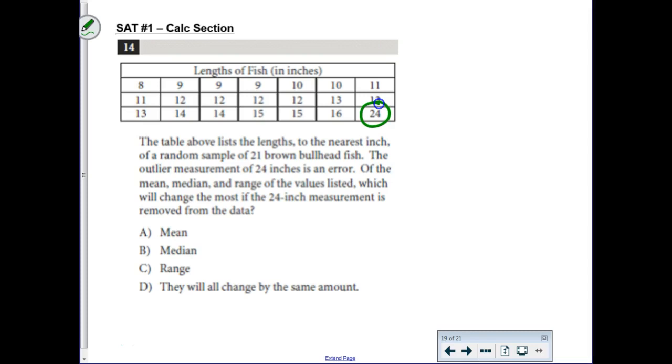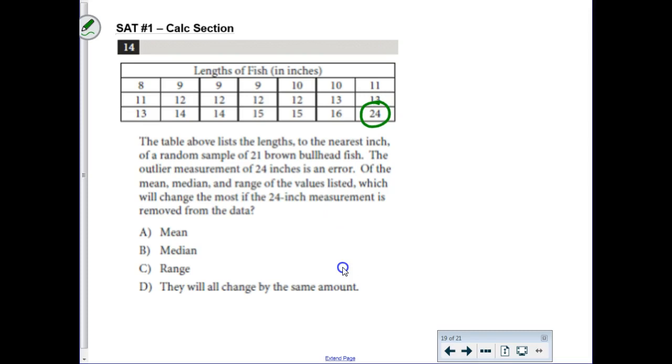And then remove the 24 and do it again. That's probably the safest way to do the question, but I think we can make some eliminations here. Which one of those measures of central tendency is changed the least by outliers? The median should not be affected by outliers very much. I mean, it's going to be affected, but not by much. So I don't think median's the way to go.